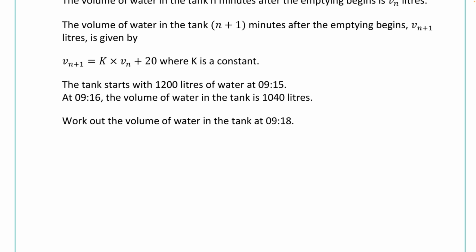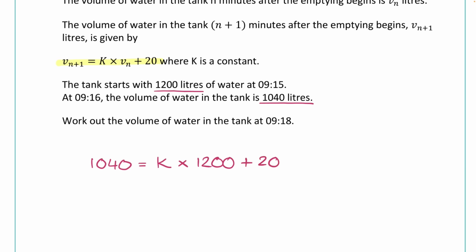If we take this formula and put in the pieces we've been given, 1,200 litres at the start and 1,040 litres in the next minute, then 1,040 is equal to k times the current number, 1,200, plus 20.